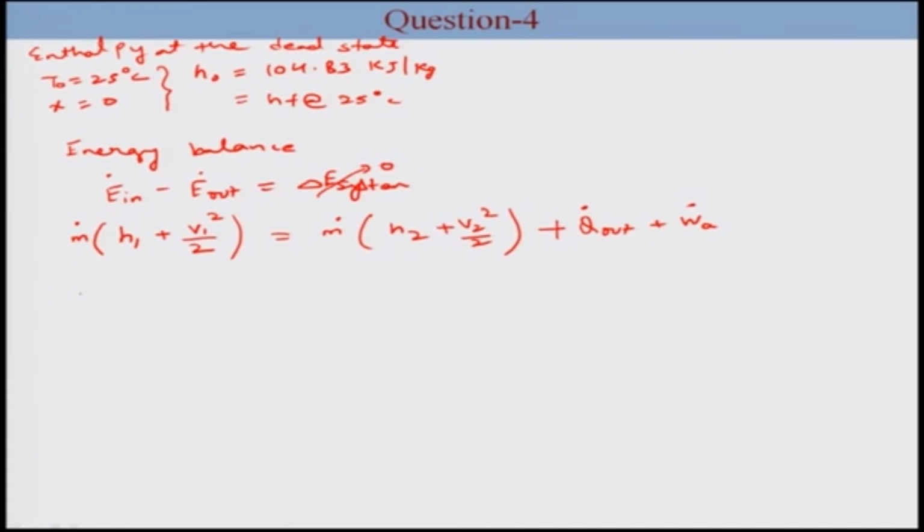So putting all the values, h1 is 3634.1 kilojoule per kg plus the velocity at the inlet, which is 60 meter per second.